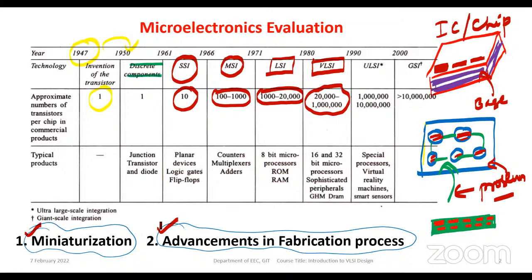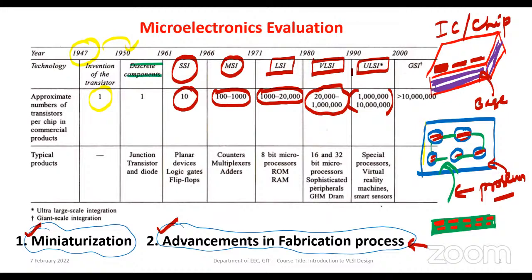For example, if you want to provide 1 million transistors, 10 million transistors, and the fabrication equipment is not at all acceptable, if it is not accepting the number of transistors for accommodation, then obviously we cannot enter into this ultra large scale integration. It's not possible then. So obviously, advancements in the fabrication process also play a crucial role.